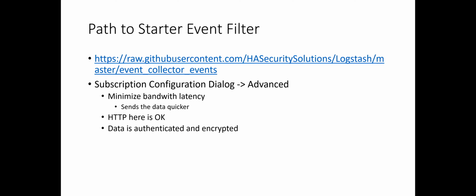Now, this is kind of an interesting one. This is a starter event filter. It specifies for the particular WEC and endpoints what it's going to collect from that endpoint, and it's an XML file. Here you can tune it and add channels to the subscription.